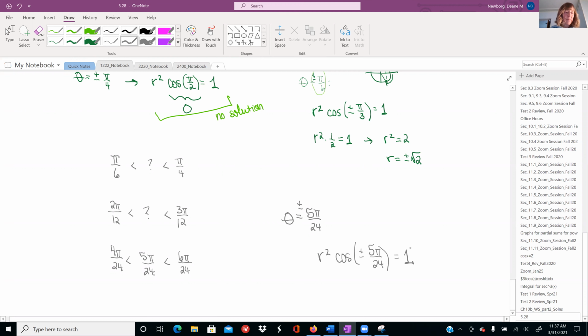So let's see. Make sure you're in radians mode. My calculator is currently in degree mode. Okay, so cosine of 5 pi over 24 is about 0.793.